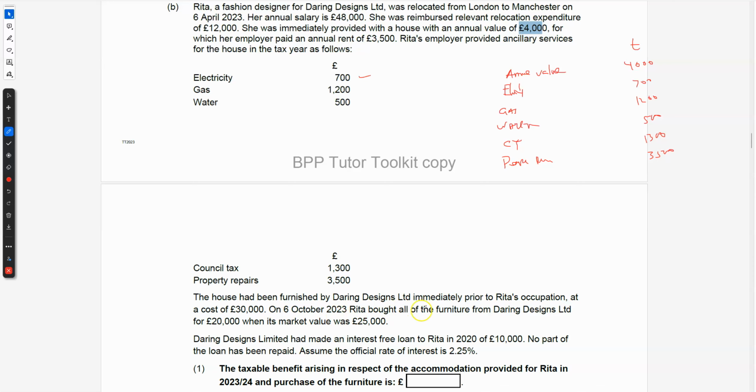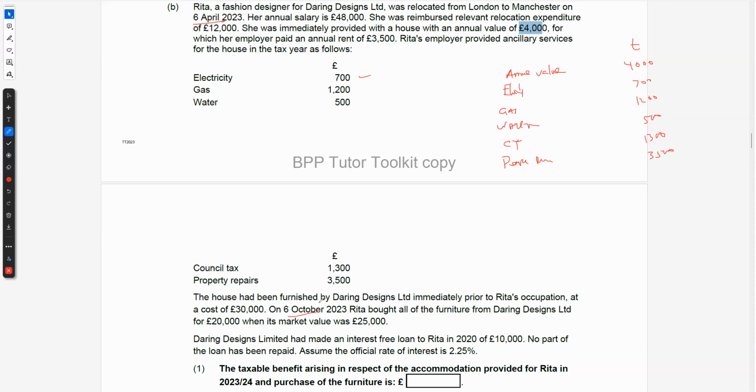And then we have to see the furniture. So furniture, he was given from April, so April to October. So April, May, June, July, August, September, October. So up to October, she used all of this furniture.